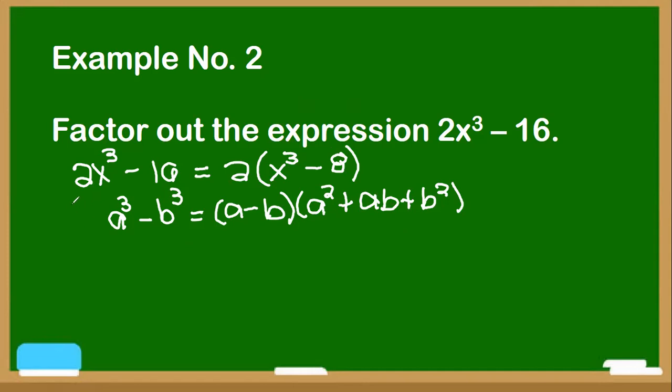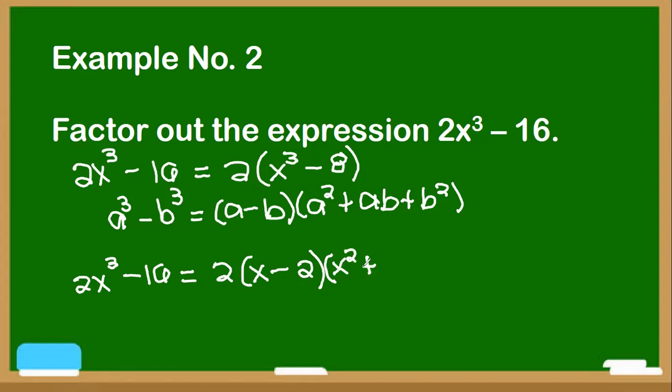Great. So let's go back to our example. 2x cubed minus 16 is equal to 2 multiplied by x minus the cube root of 8, which is 2, multiplied by x squared plus 2x plus 4.